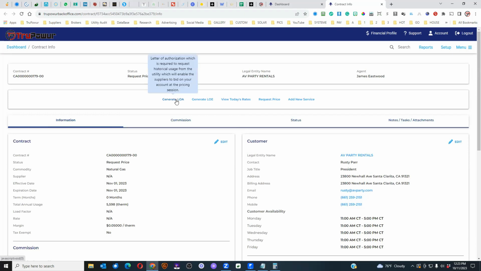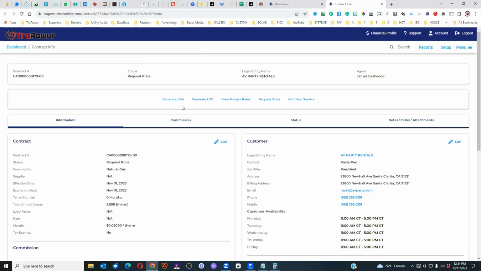Here we have the ability to send that customer an LOA, a letter of authorization. So if we were doing a reverse auction, we would definitely want to get the LOA and the LOE signed off. If you click that, it's not going to open a page. As soon as you click it, it is electronically, in the form of a DocuSign, sending that customer a form that they need to sign off on.